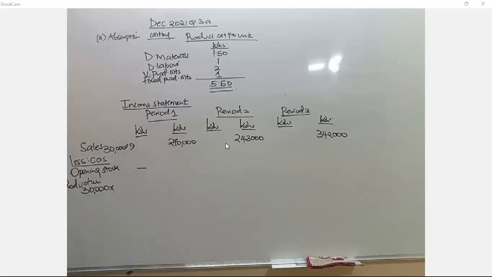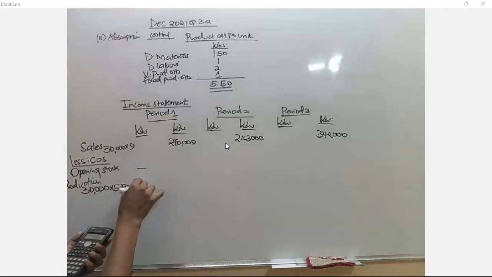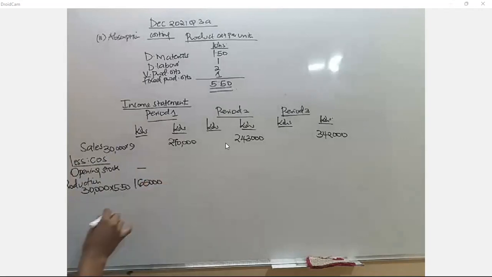We multiply by 5.5. So 30 times 5.5, we get 165,000. We know very well we don't have a closing stock.